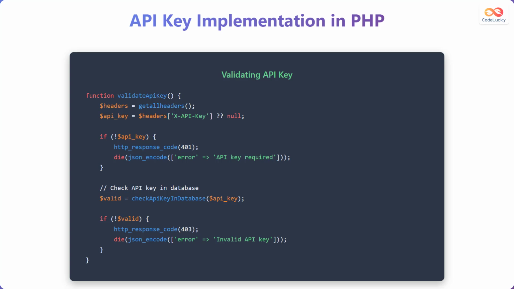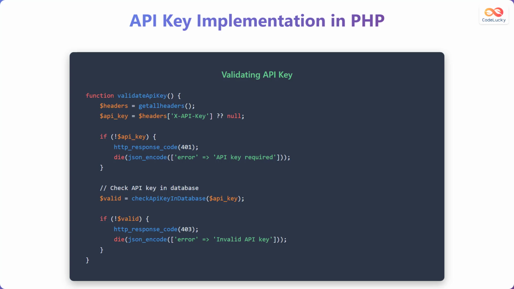Here's how to implement Application Programming Interface Key Validation in PHP. This function validates the API key sent in the header of the request. First, it retrieves all the headers from the request. Then it extracts the API key from the X-API-Key header.